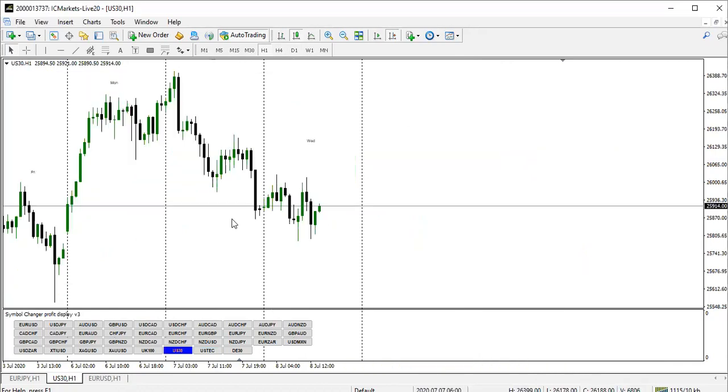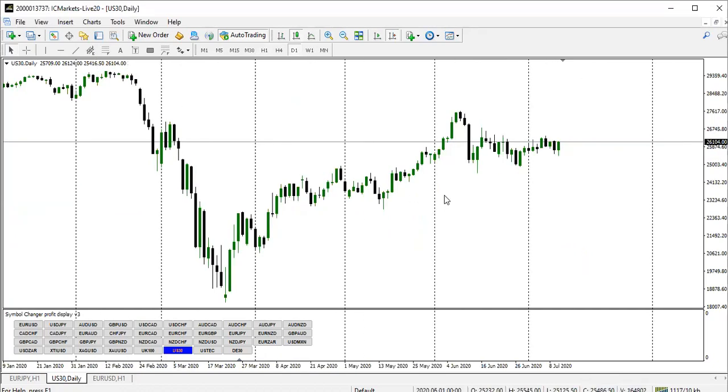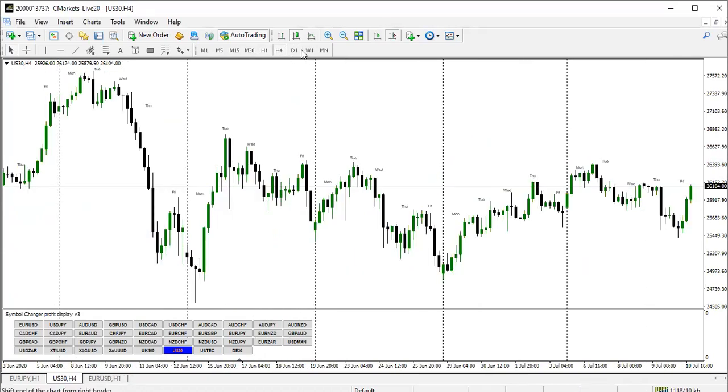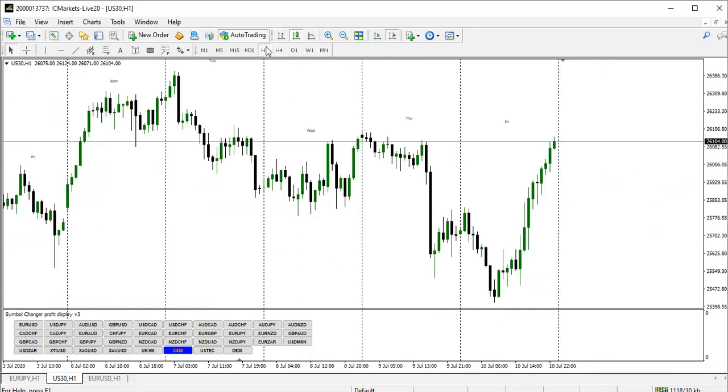Then for USD30, the daily is not so clear, but it's actually bullish. On the 4 hour time frame, we can also see this bullish move. And on the 1 hour time frame, that might really be where we'll be looking for a good trade.